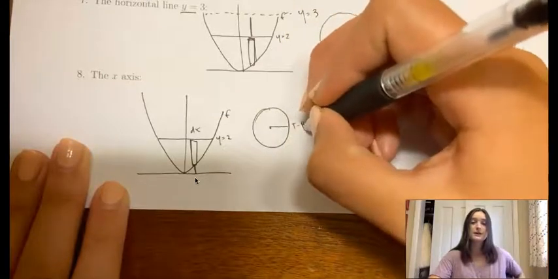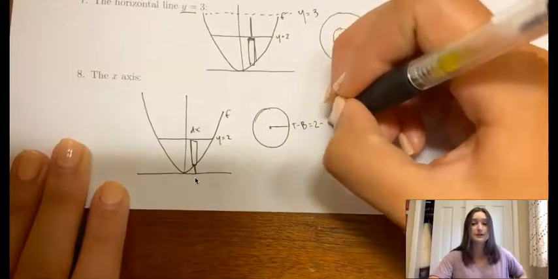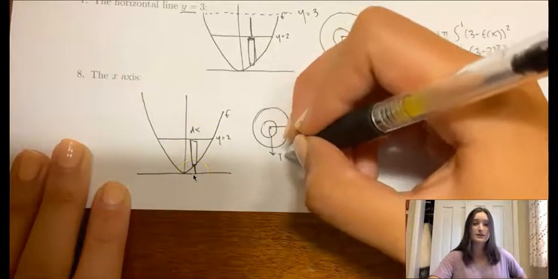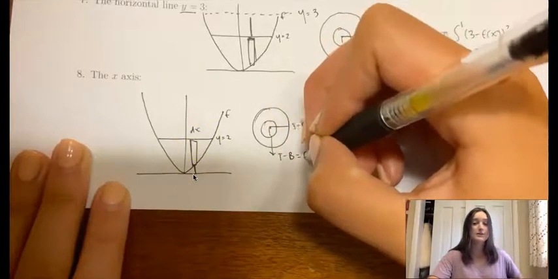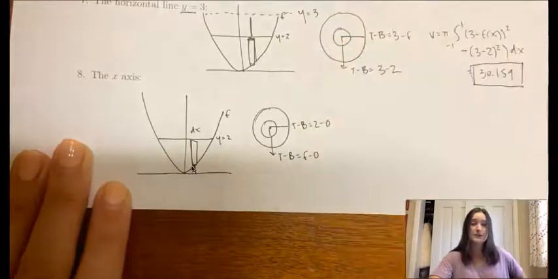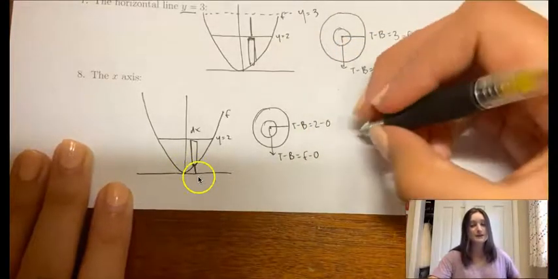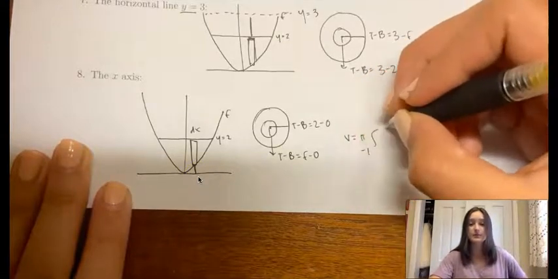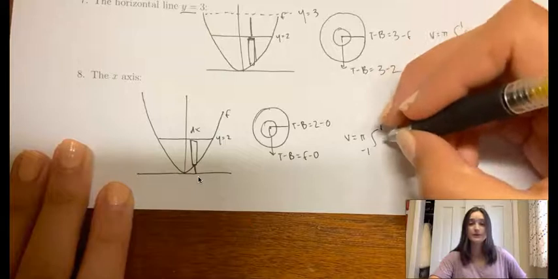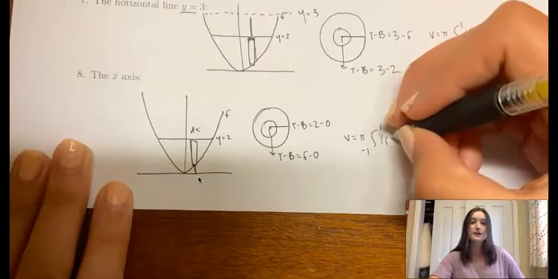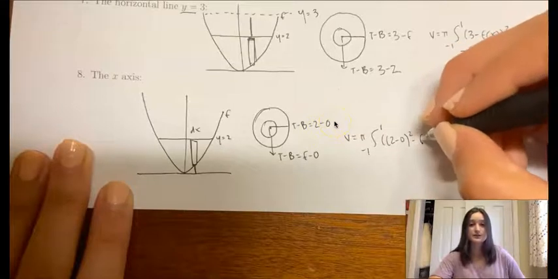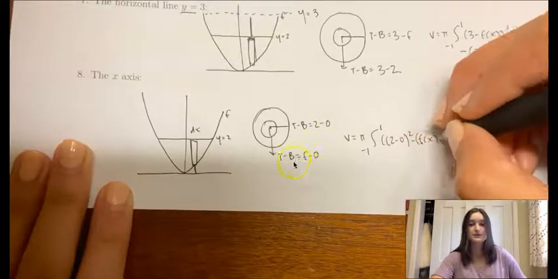Our big radius is the top minus bottom of both the rectangle and the connector, so we've got 2 minus 0, and then our inner radius is the top minus bottom of just the connector, so we've got the f minus 0. So this one's pretty similar to the one we did before where we're doing pi, -1 and 1 with those intersection points, and then outer squared, so 2 minus 0 squared, minus inner squared, which is f minus 0 squared.